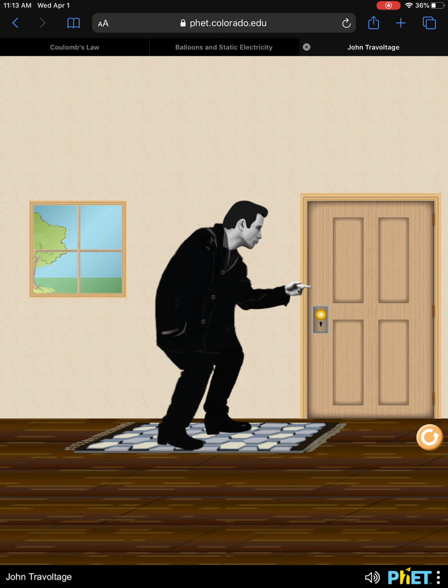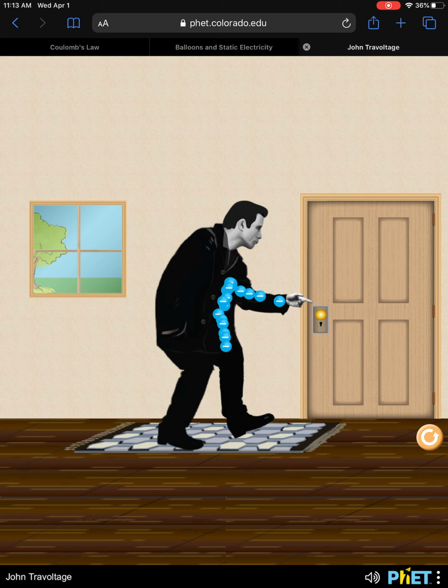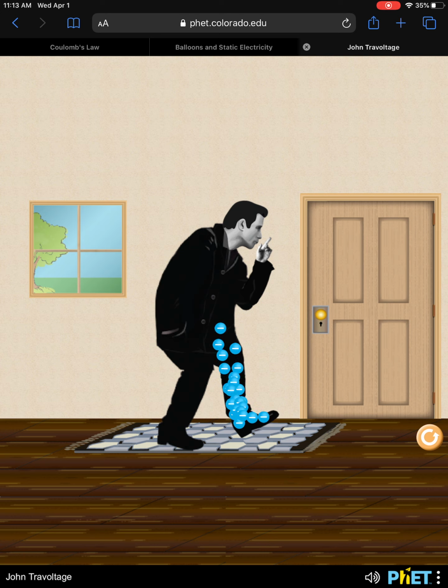Something to note a little bit, though, if you bring his hand a little bit closer, let's see, you don't need that much of a buildup of charge to have that charge dissipate. So moving his hand further, you do need more of a difference of charge. Kind of works like magnetism.